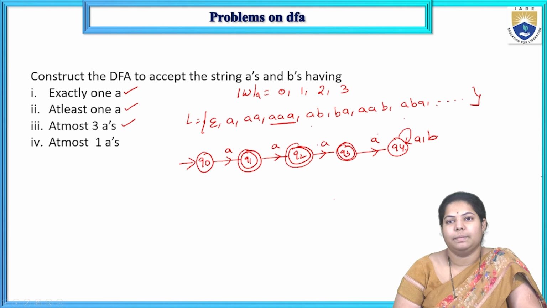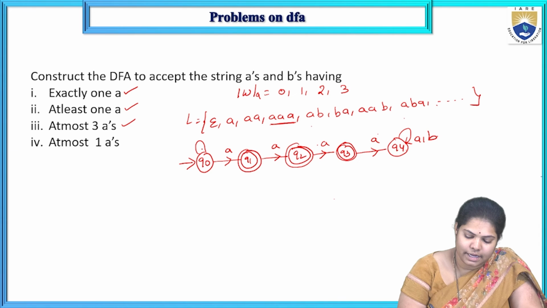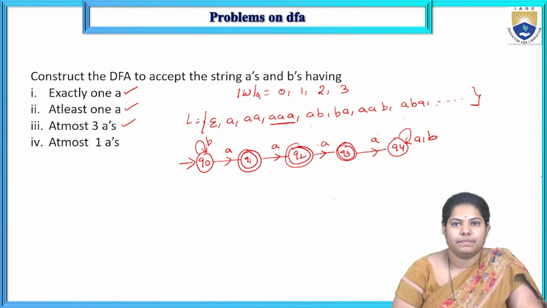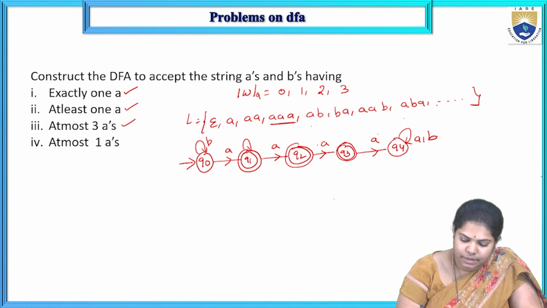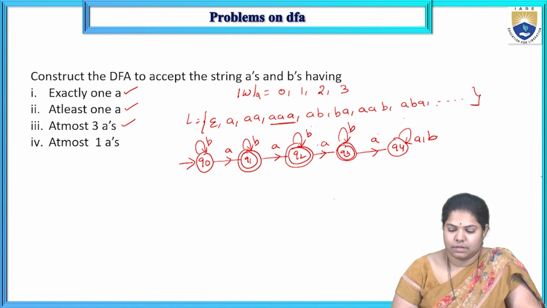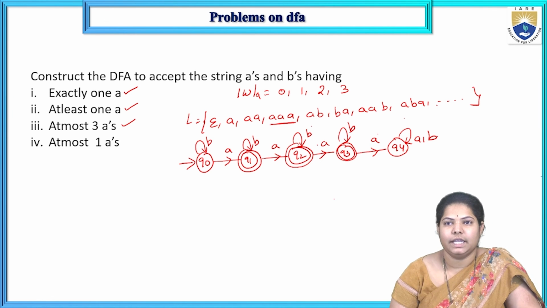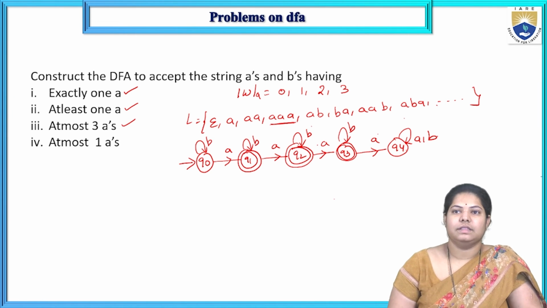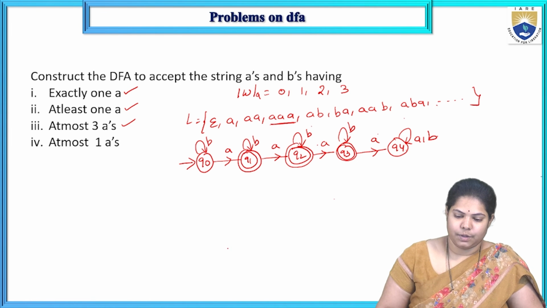So then next, what about the B's here? Before A, I can get any number of B's. In between I can get any number of B's here. But it should only contain the limited number of A's in this particular finite automata.